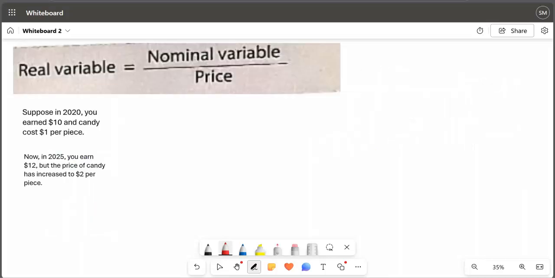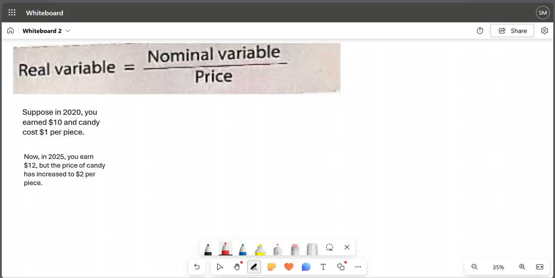The last two formulas are about real variables. Formula number one says nominal variable divided by price. We usually use this formula when we want to see the effect that the change in price has on our nominal variable. For example, suppose in 2020 you earned $10 and candy cost $1 per piece.